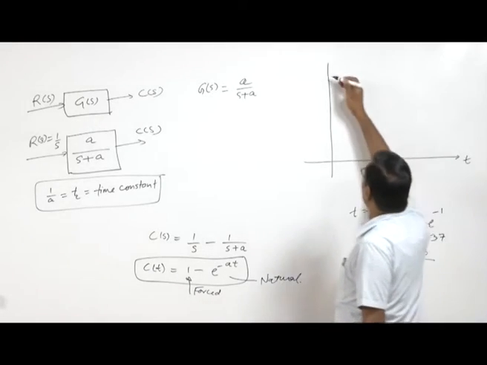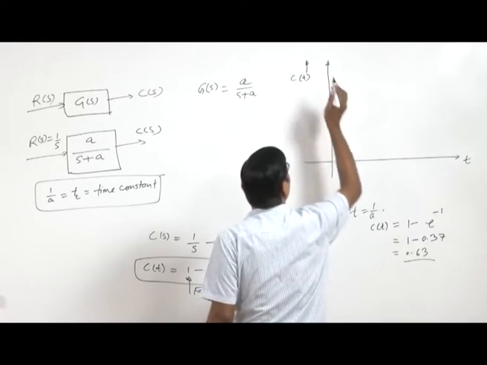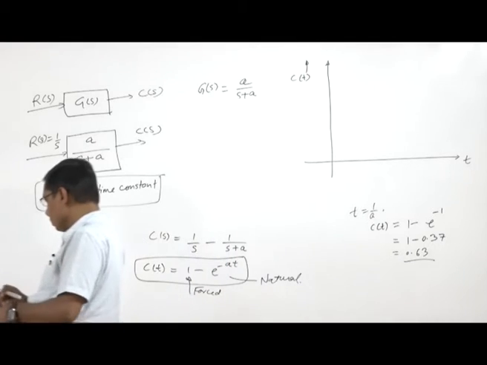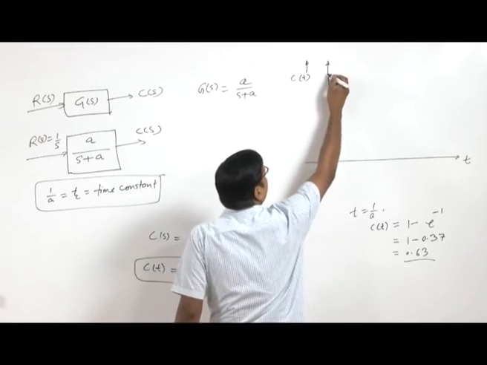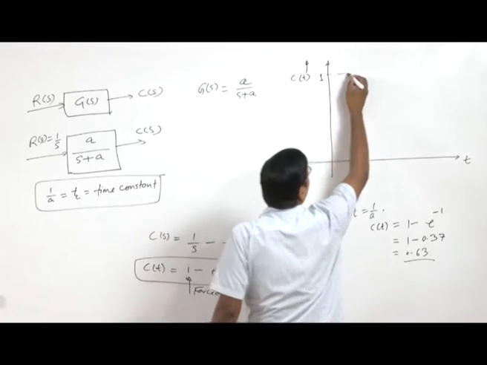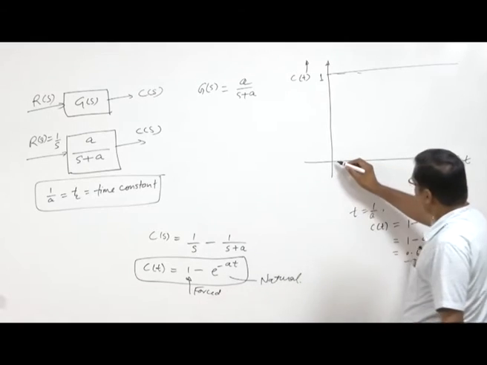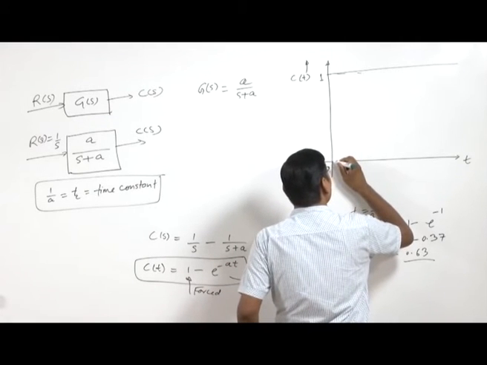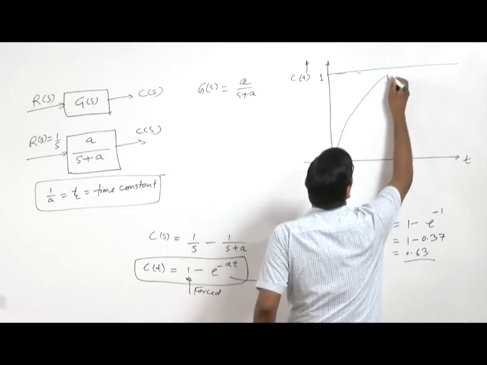So this is time and this is the response c(t). If this is 1, the input, and here we have this response.